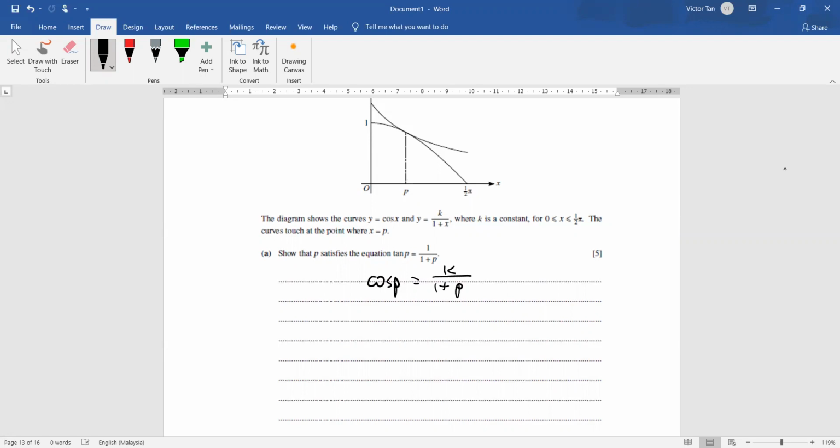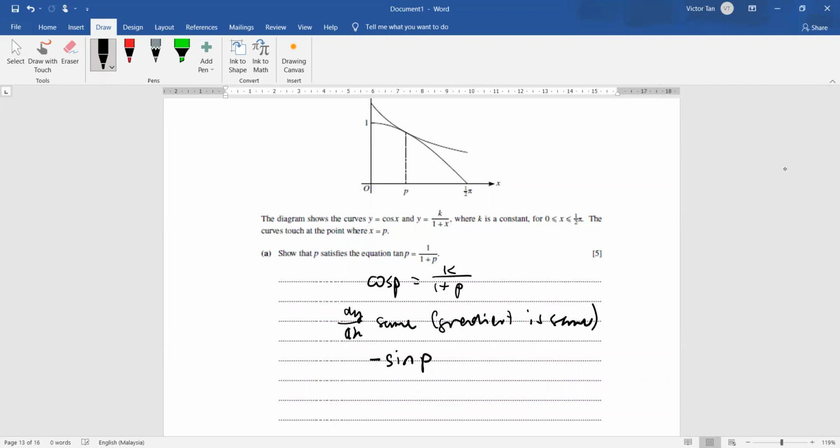So if it touches, it means the gradient at that point is also the same. So dy over dx is also the same, because the gradient is the same. So for the cos x graph, the differential is minus sine x.